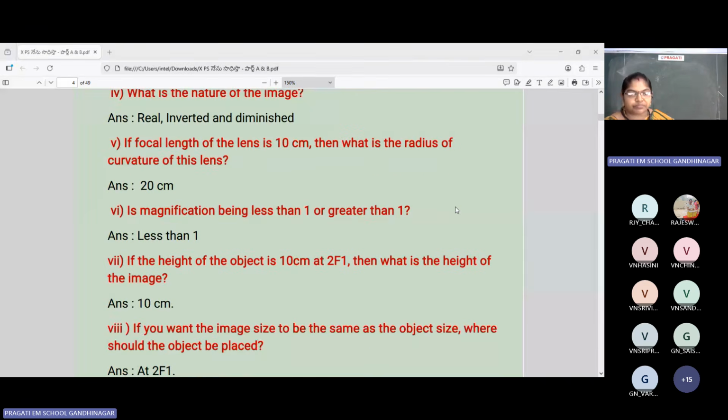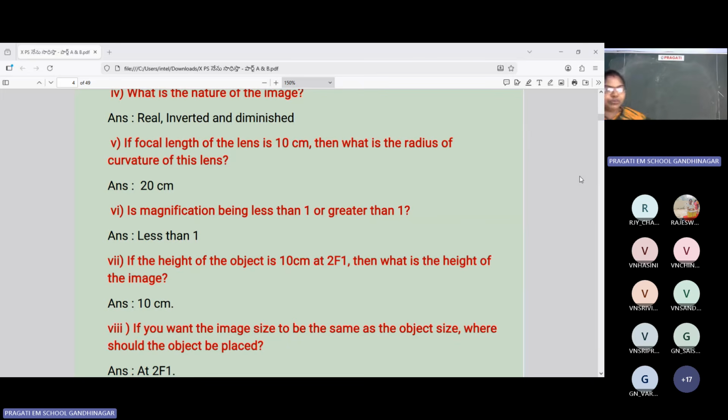Yesterday I discussed: if the focal length of the lens is 10 centimeters, then what is the radius of curvature of this lens?